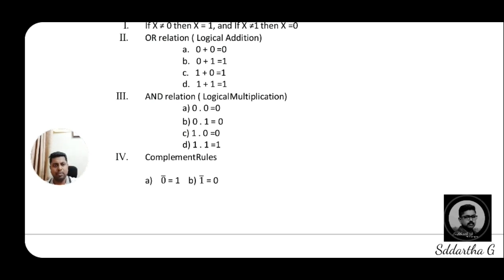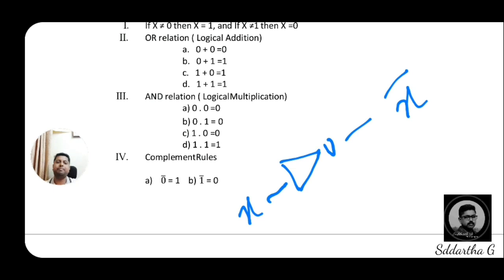Dear student, just observe on the screen. Now I will show the symbolic representation of the NOT gate. This is a particular NOT gate representation. X is the input and X bar will be the output.